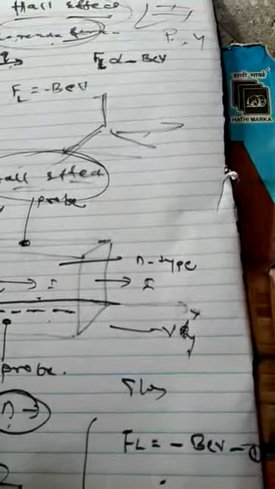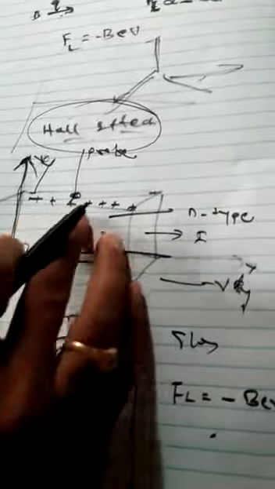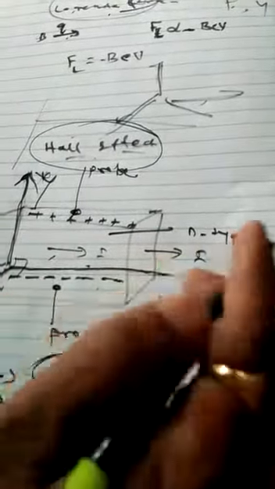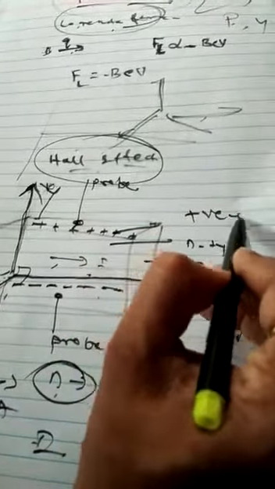In the same way, the loss of electrons from the upper surface of the material makes the top edge positively charged.